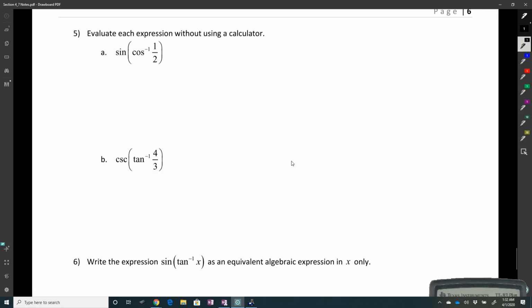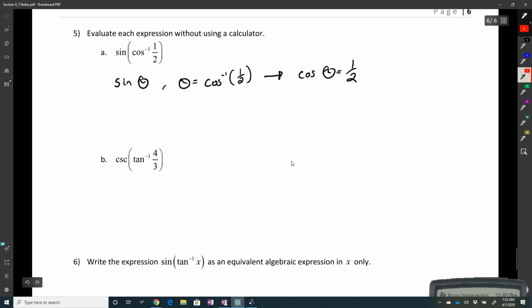So when you're solving for this, they're saying find sine of theta, where theta is equal to inverse cosine of 1/2. But that in itself means that cosine of theta is equal to 1/2. Cosine happens to be adjacent over hypotenuse.